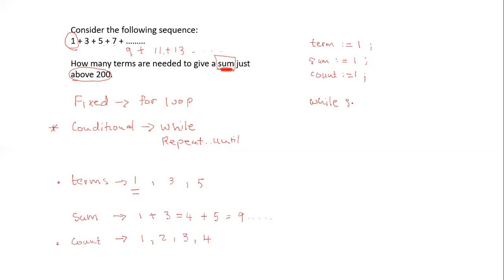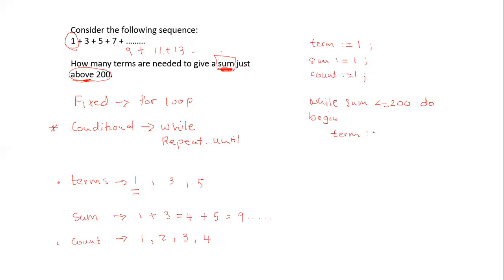So while the sum is less than, so they want a sum just above 200. So we'll include equality. While the sum is less than or equal to 200, what do we want to do? Well, let's get the next term.